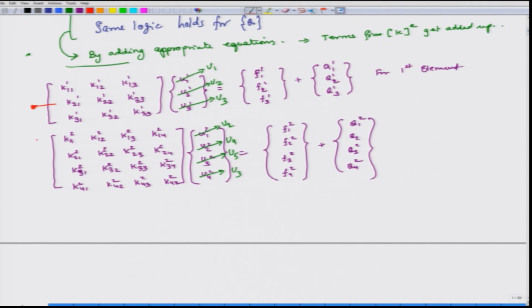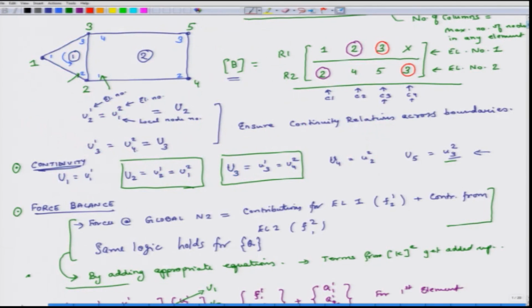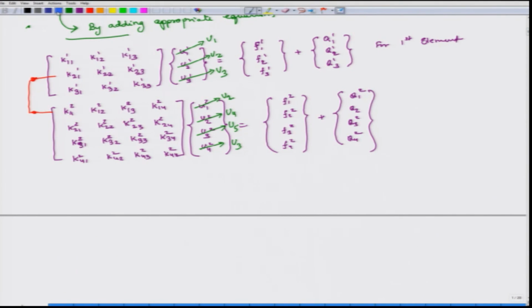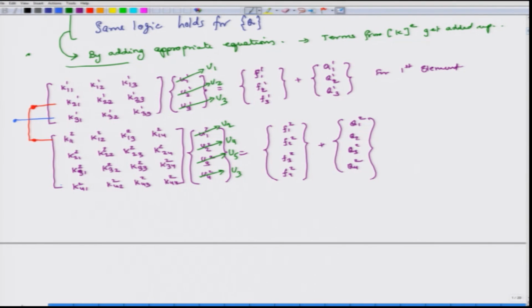So, we add up these two equations. And we also add up the third equation in element 1 with the fourth equation in element 2. We add these two up also together.